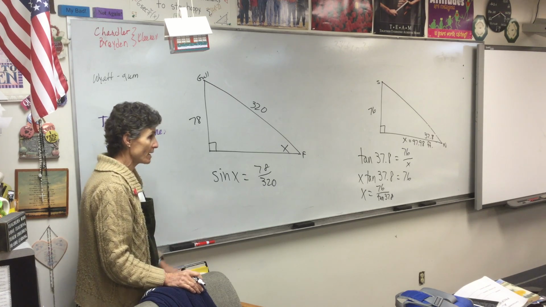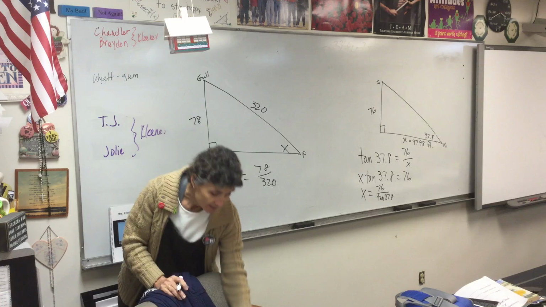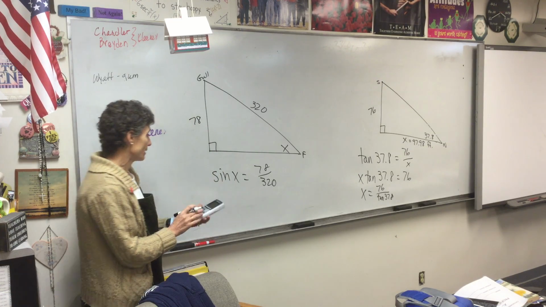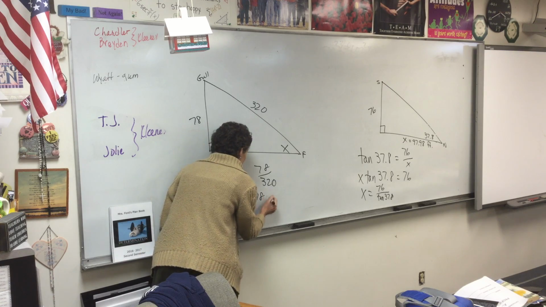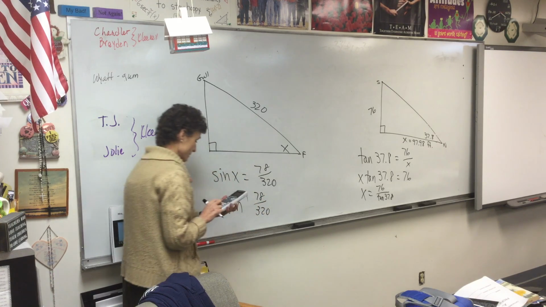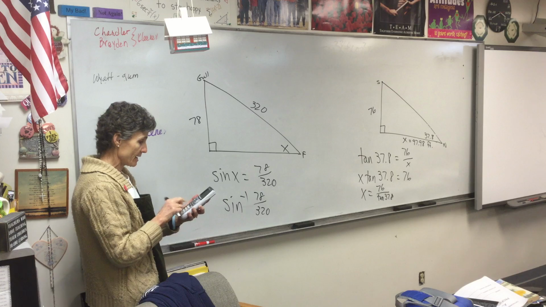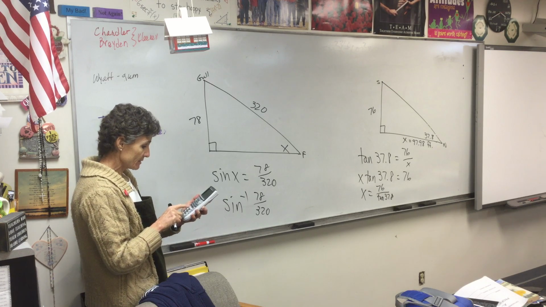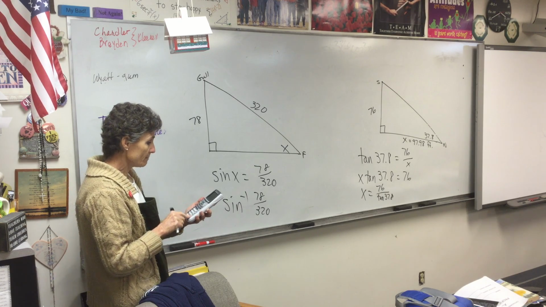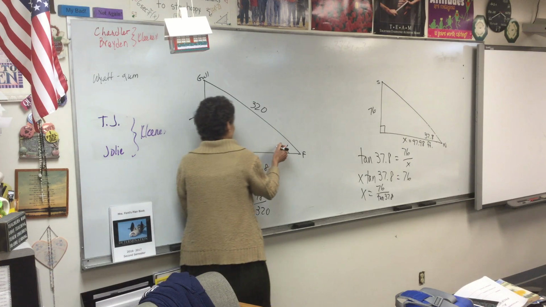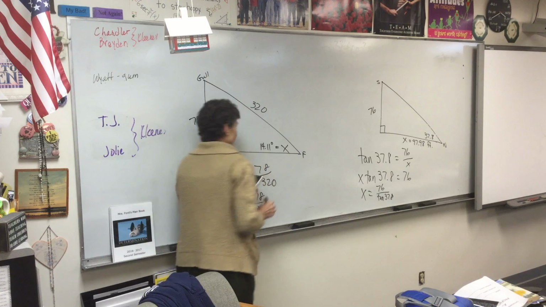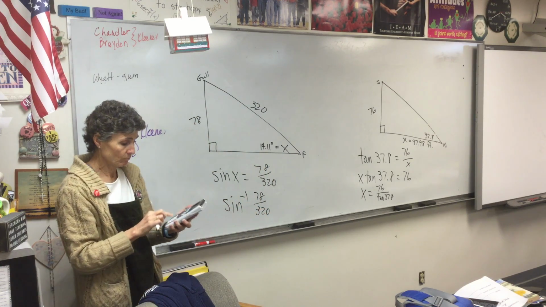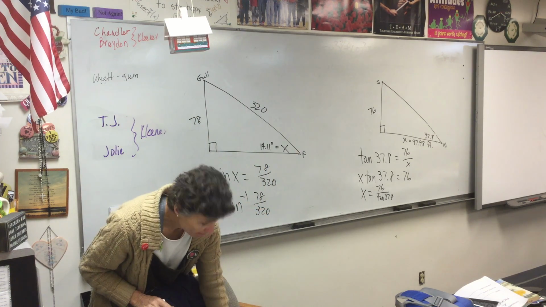This is going to be special sine because I'm looking for an angle. So I'm going to type second sine 78 divided by 320. Did you get 14.11? And that would be degrees. That's an angle, 14.11.